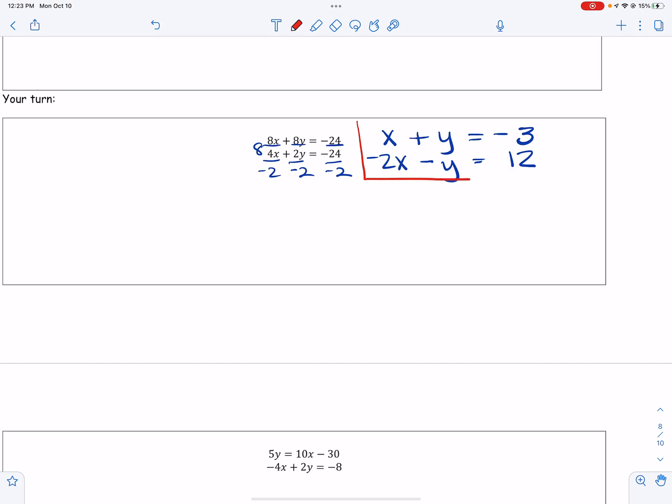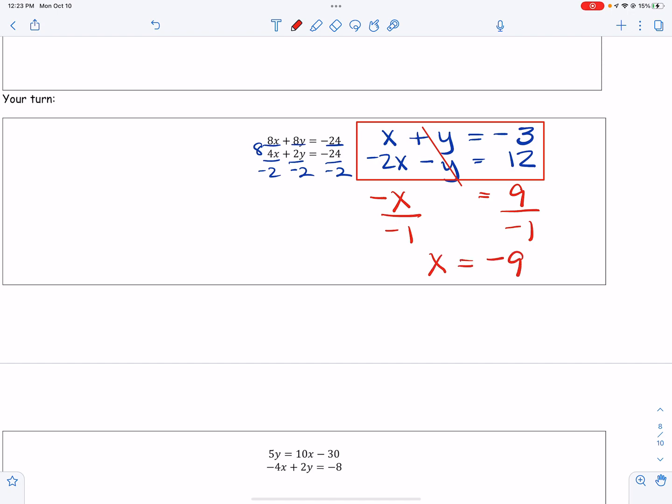And then I'm going to add these two up. So x minus 2x is negative x. That cancels. 12 minus 3 is 9. Divide by negative 1. And so x is negative 9.